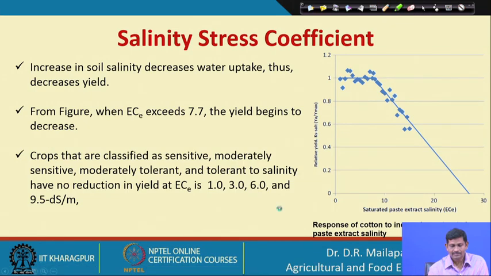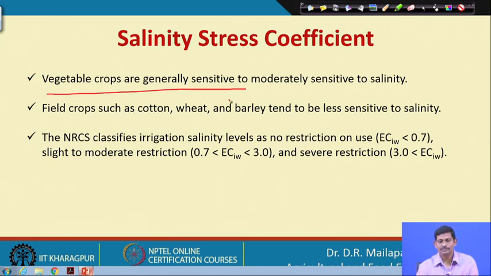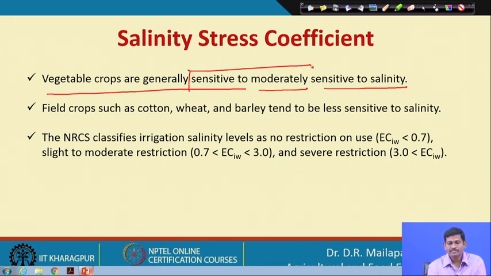For example, vegetable crops are generally categorized between sensitive and moderately sensitive to salinity. Field crops such as cotton, wheat and barley tend to be less sensitive to salinity.